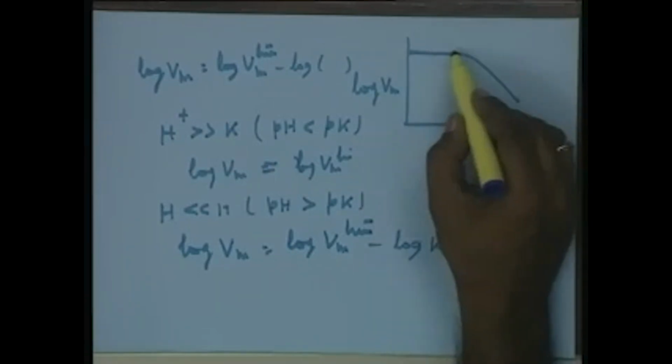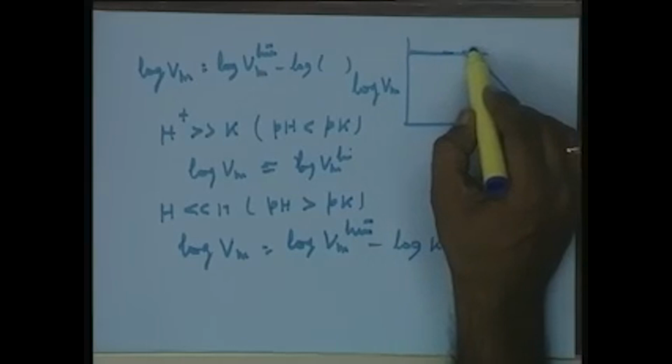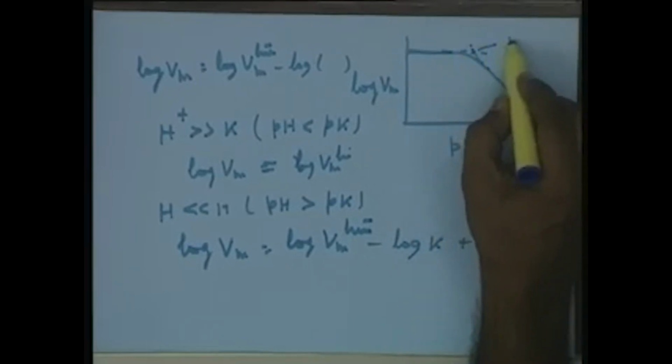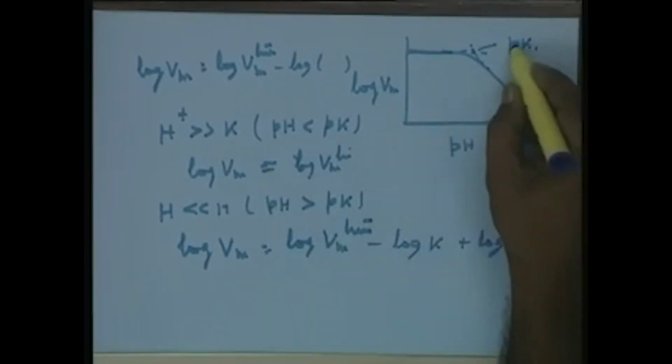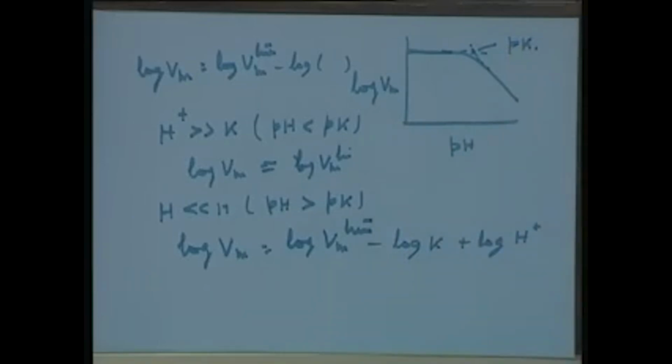The hydrogen ion concentration will influence, and essentially the Vm will decrease, and you get a downward fall. If you extrapolate these two lines, this gives the pK of the ionizable group: at the point where the pH and pK are identical, you get a point of intersection at which the two lines merge.